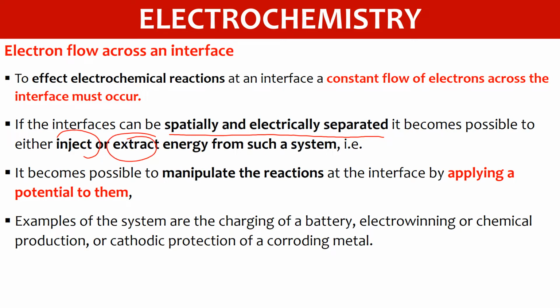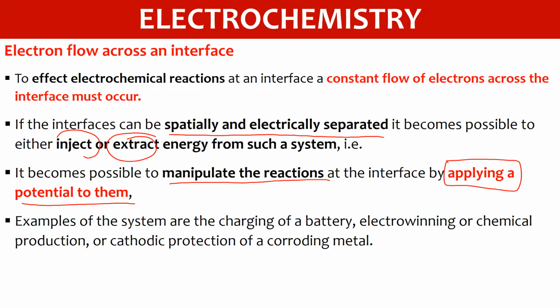It also becomes possible to manipulate the reaction at the interface by applying a certain potential to them. Why? Because there's a spatial or electrical separation between your donor and your acceptor of electrons.